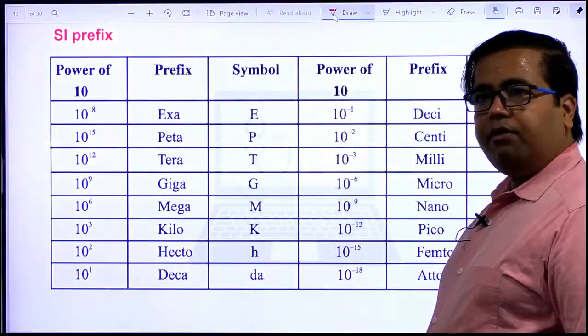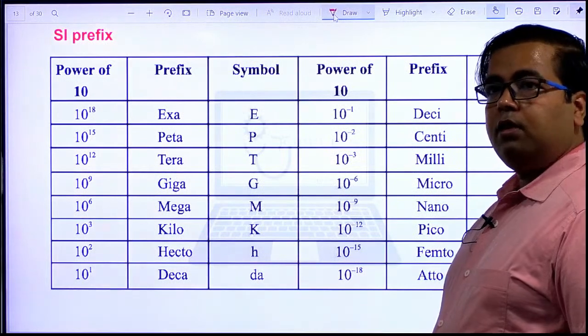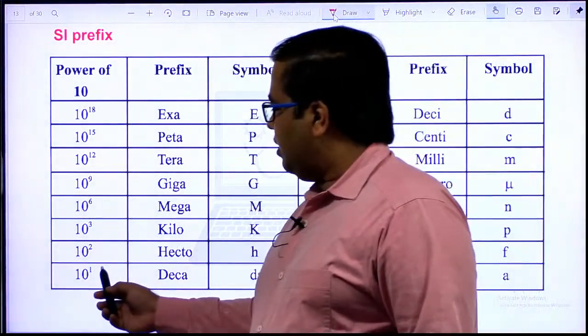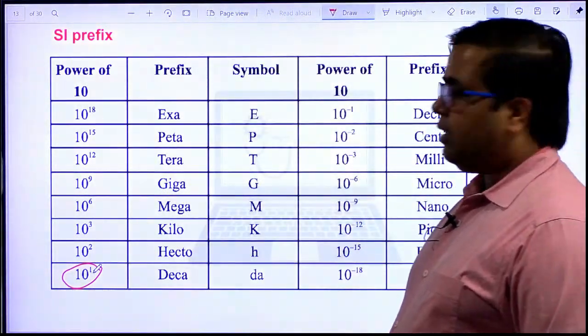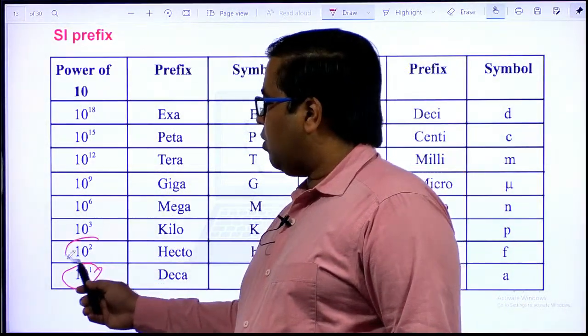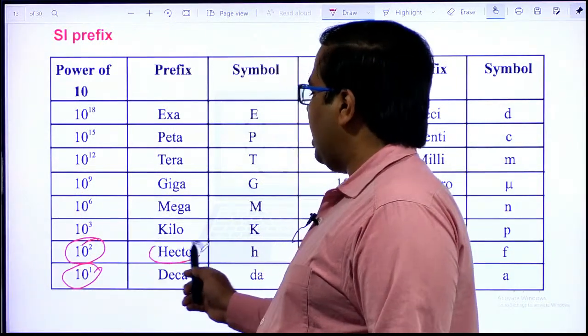When it's 10, we say deca, like decameter. When you have 10 square, that is 100, we say hecto, like hectometer.